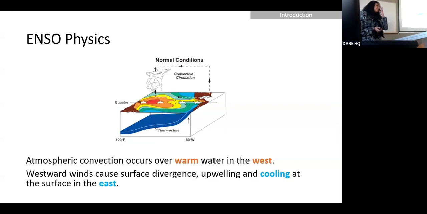So to delve a little bit into what the physics of the system looks like, we need to first think about what the tropical Pacific Ocean looks like under normal circumstances when there's no El Niño or no La Niña event. So here, this is a somewhat distorted map. Here, this is North America and South America on your right.